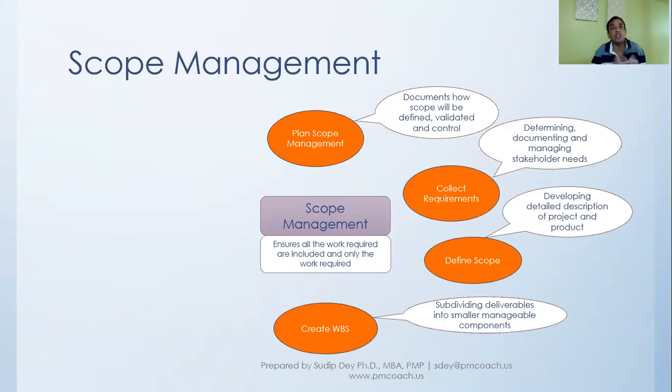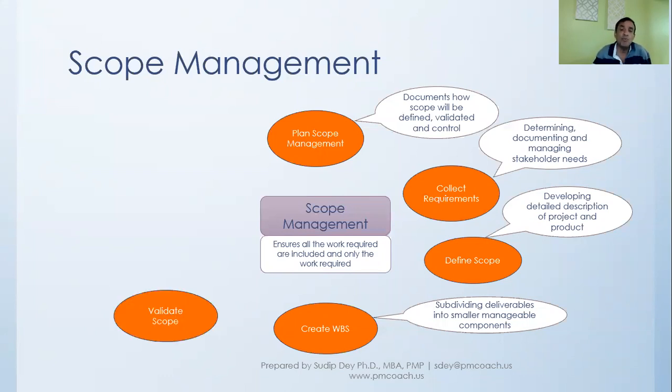If we have it only at the scope level, we will not be able to take it forward in a way that we can manage the project. So we break it down into pieces, into smaller deliverables and components that will help us move the project forward.